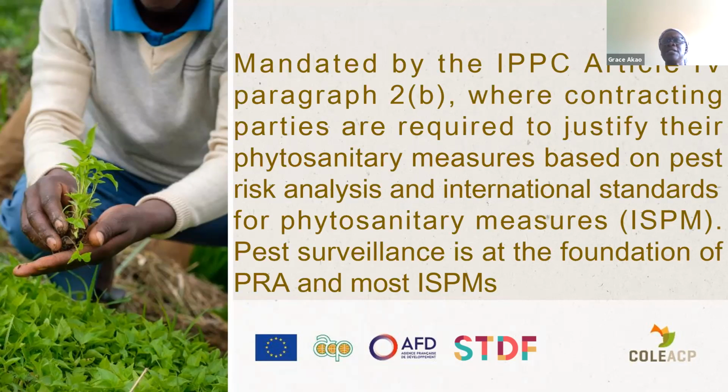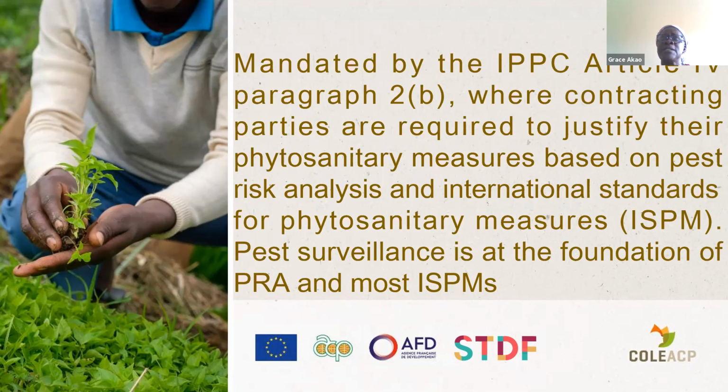So we begin by saying that the IPPC under Article 4, Paragraph 2B gives the mandate to do pest surveillance to national plant protection organizations.